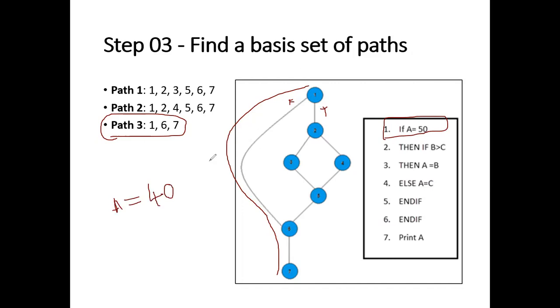So in your first test case, if A equals 40, it will follow this particular path. That's how we basically write the test cases. Now let's take the first path, right? It's 1, 2, 3, 5, 6, 7. This one.